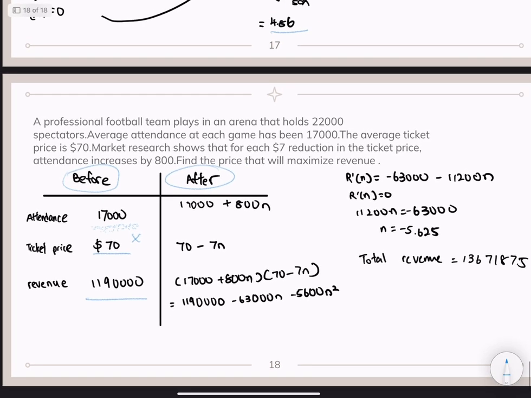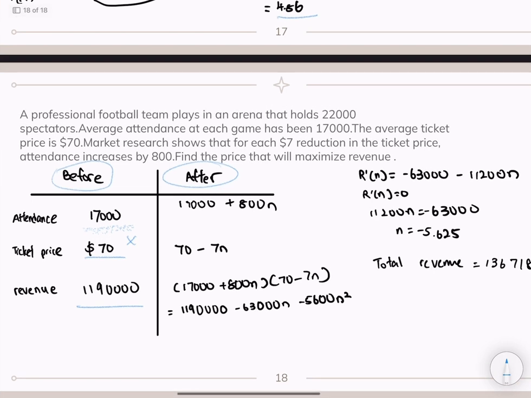And then we need to make a new formula for after. So we know that the attendance will increase by 800. So it is the original attendance, which is 19,000 plus 800n.